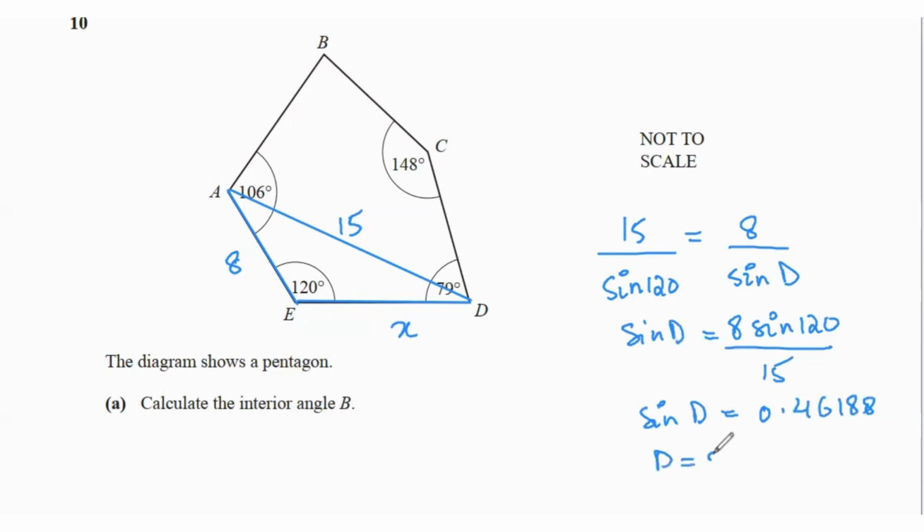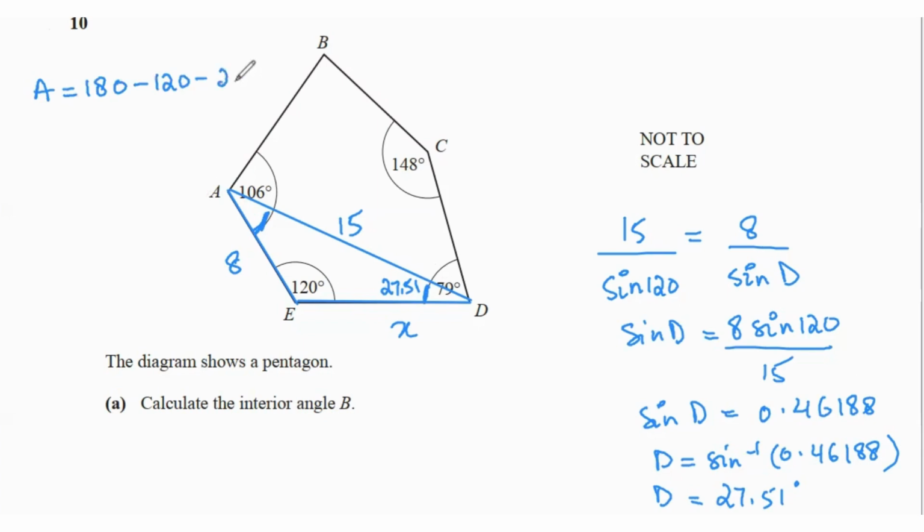So D is going to be sine inverse of 0.46188, and that leaves us with 27.51 degrees. Now this angle is 27.51. So you can find this angle by subtracting 120 and 27.51 from 180, and that gives us 32.49.